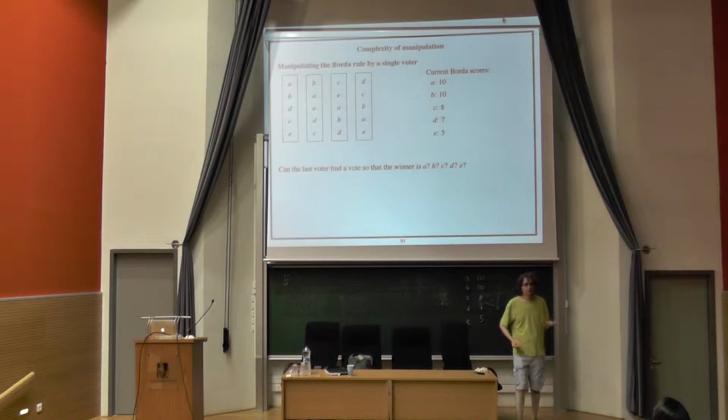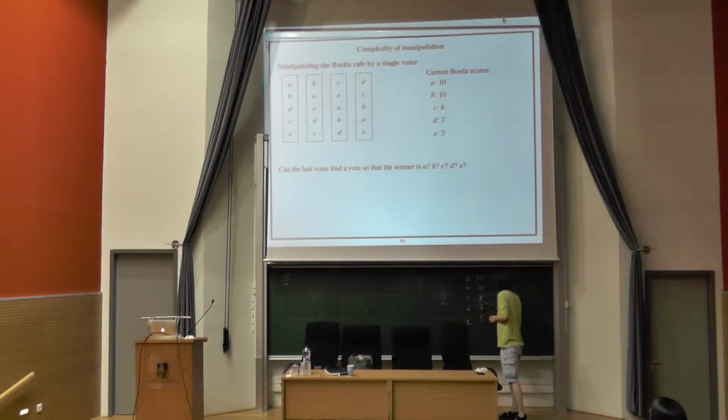Can you vote so that A is elected? This is easy. Yes, of course. How do you do it? Just rank A first, and that's enough. So A would have 14, and you do whatever you want for the rest. A is elected. Can you make sure that B is elected? Of course.